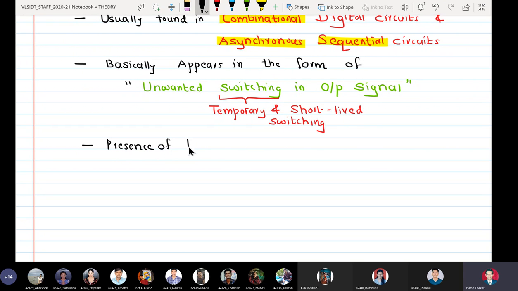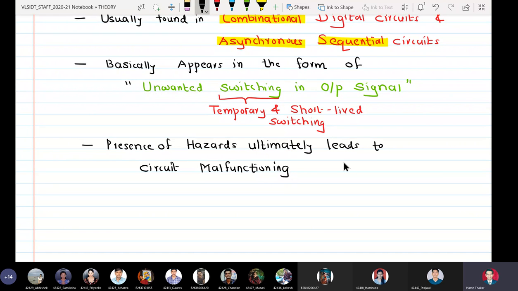Presence of hazards leads to circuit malfunction.